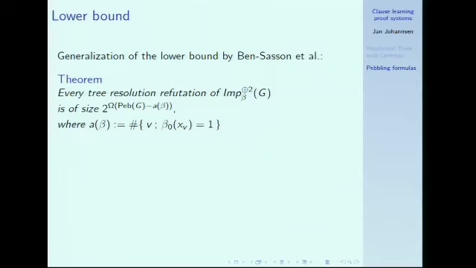So this is a slight generalization of the lower bound by Ben-Sasson, Impagliazzo, and Wigderson.